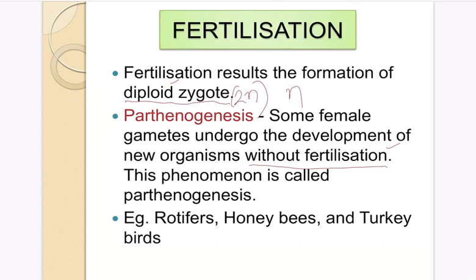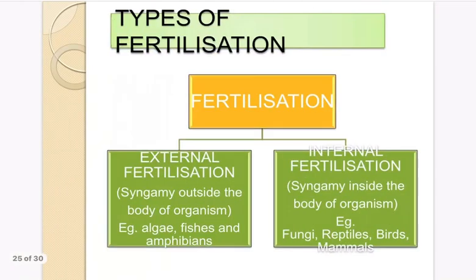It occurs in its natural course in many invertebrates like rotifers, honeybees, turkey birds, etc. And parthenogenesis can be artificial or induced. We human beings are inducing this parthenogenesis in some of the fruits, some of the plants. So parthenogenesis can be natural or can be induced.